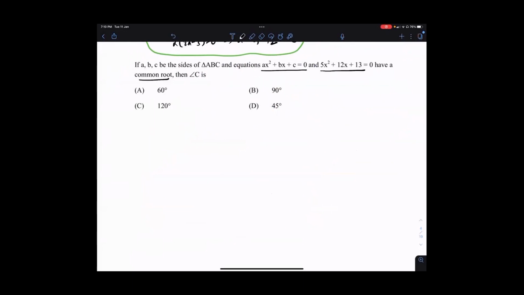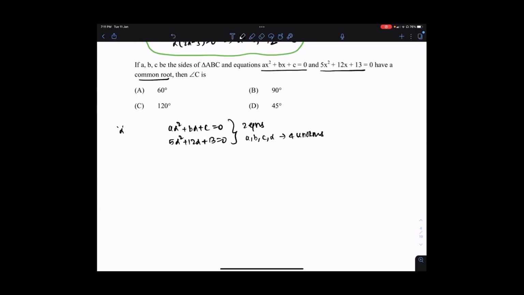If alpha is the common root, and I substitute, a alpha square plus b alpha plus c equal to 0, and 5 alpha square plus 12 alpha plus 13 equal to 0, now we have two equations, but how many unknowns are there? a, b, c, alpha. 4 unknowns are there. Correct? So you can't solve.